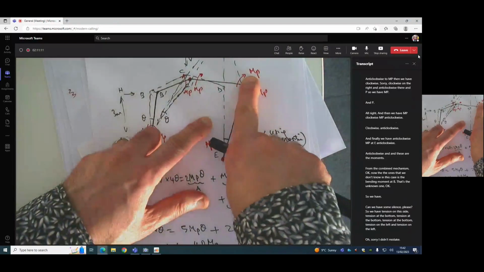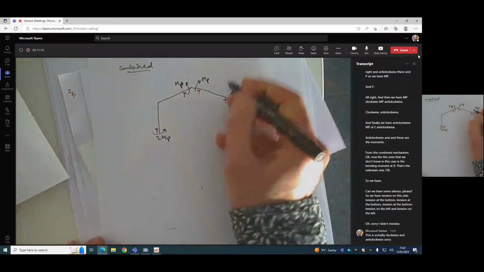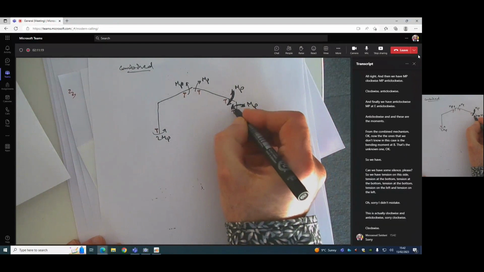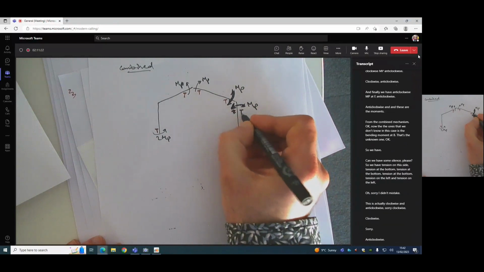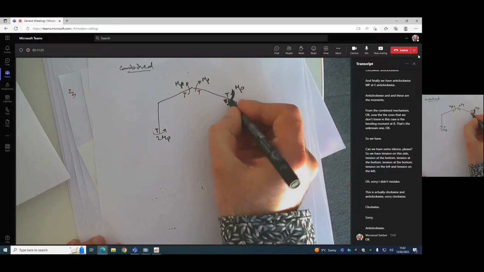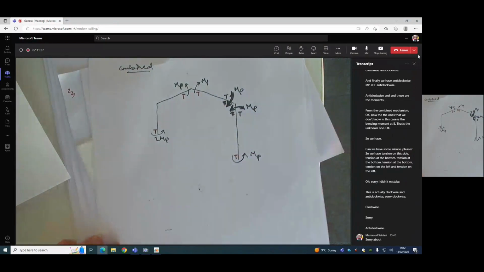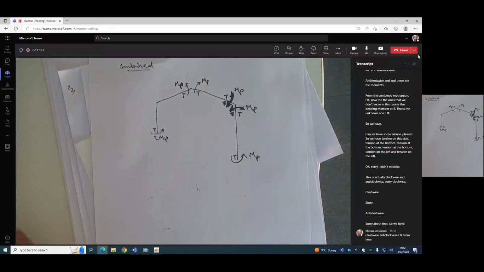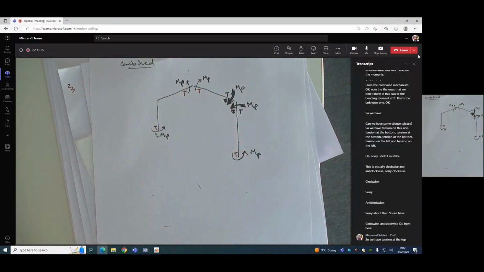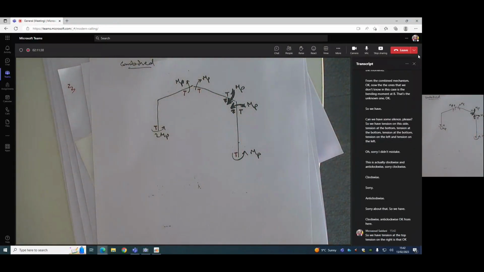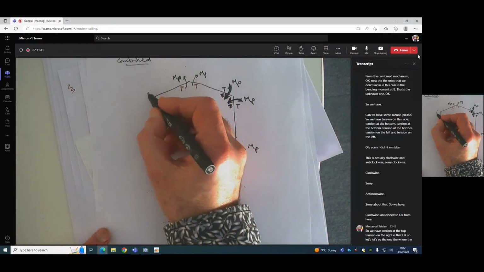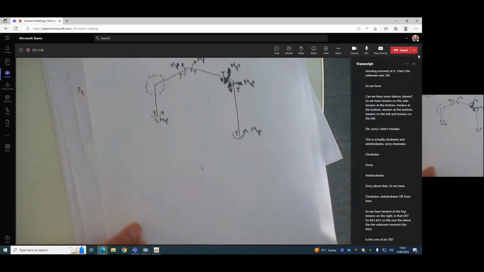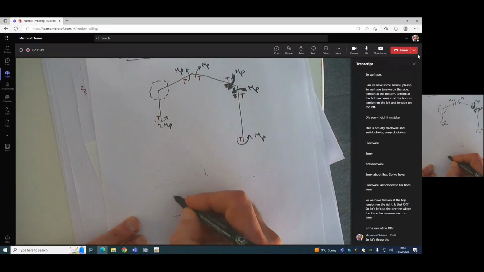This is actually clockwise and anti-clockwise, sorry. So we have clockwise, anti-clockwise, okay, from here. So we have tension at the top, tension on the right. Is that okay? So the unknown moment this time is this one at B, okay? So let's draw the diagram.